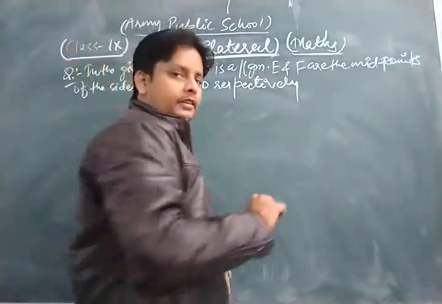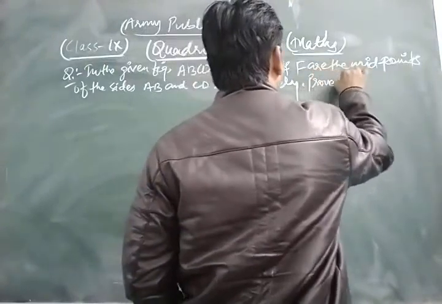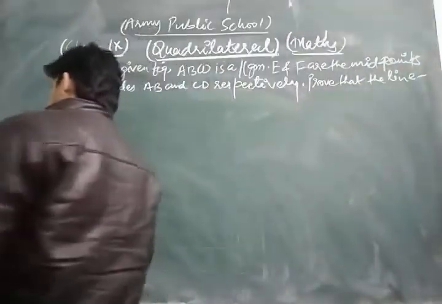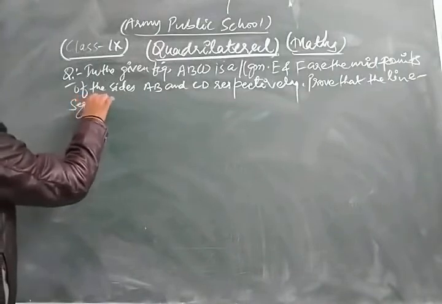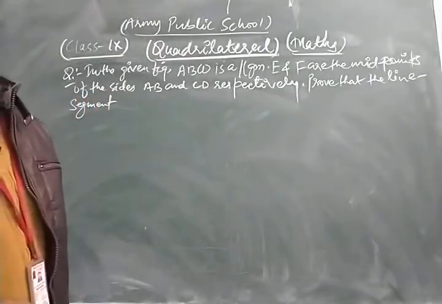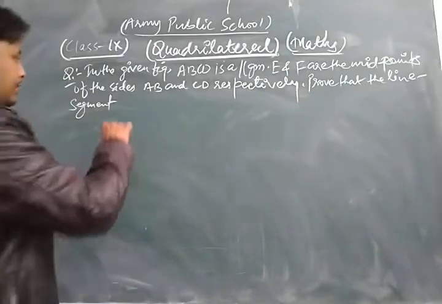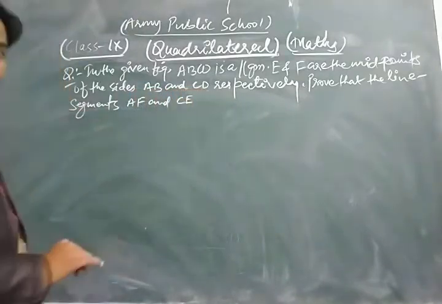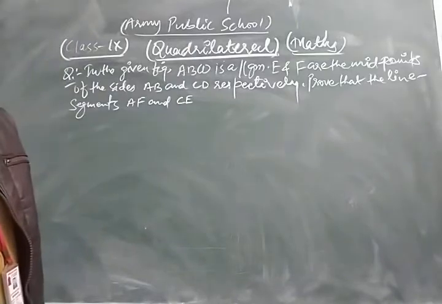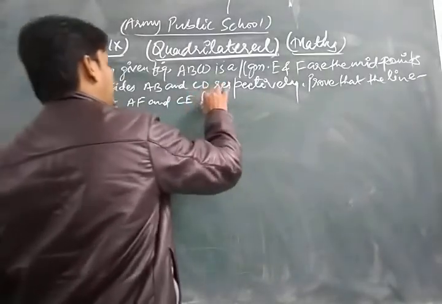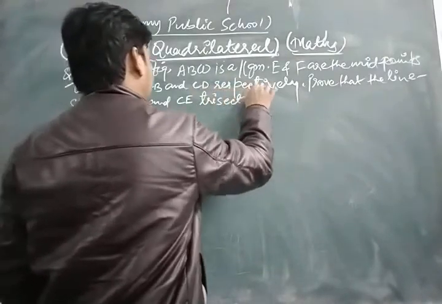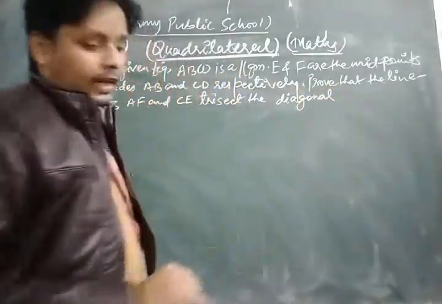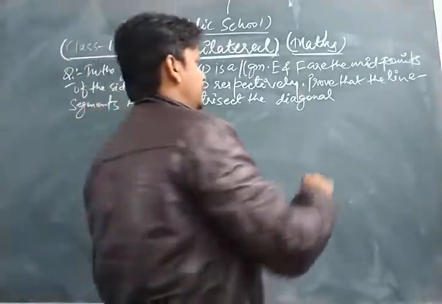Prove that the line segments AF and CE trisect the diagonal BD.